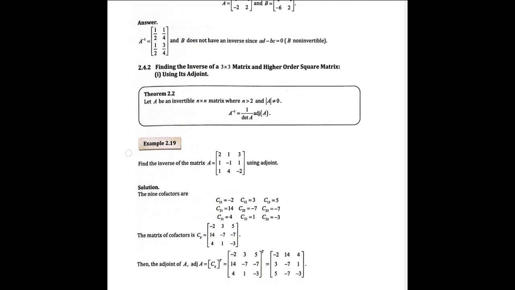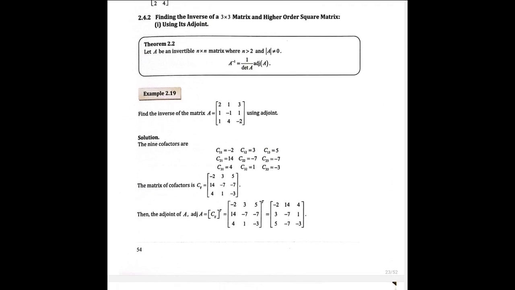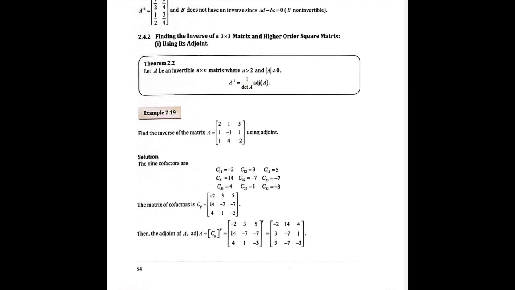Next, let's look at the inverse of a 3 by 3 matrix and higher order square matrices. For bigger matrices, we use a formula that includes the adjoint. You already learned how to find the adjoint, which is by transposing the cofactor matrix, and then multiplying it by 1 over the determinant.